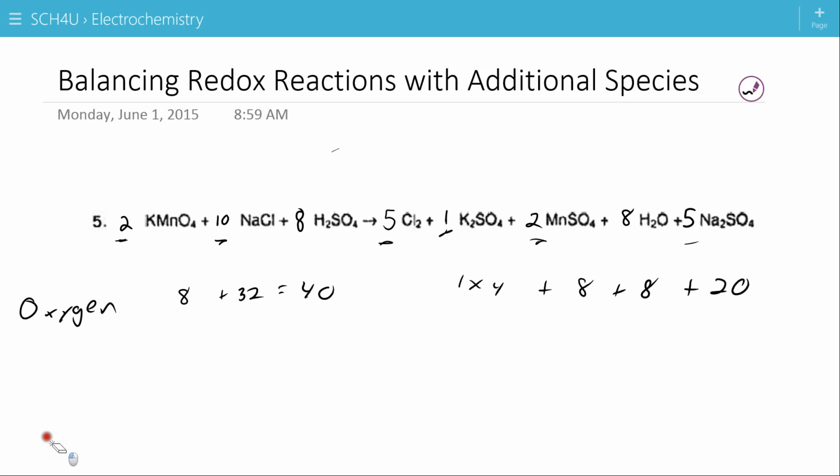So 4 plus 8 plus 8 plus 20 works out to 40 on the right-hand side. And so since the left-hand side and the right-hand side are balanced with one another, we're going to assume that this is correct.